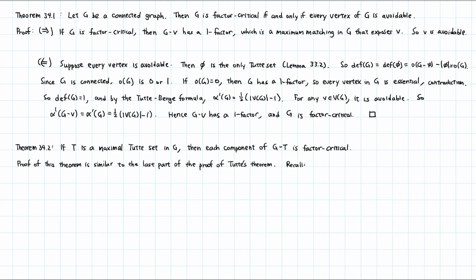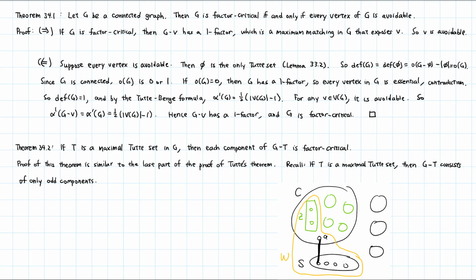Recall that in the proof, if T is a maximal Tutte set, then G minus T consists of only odd components. And by using similar arguments from the proof of Tutte's theorem, we can show that each of them is factor critical. And we will ask you to verify the details of this as an exercise.